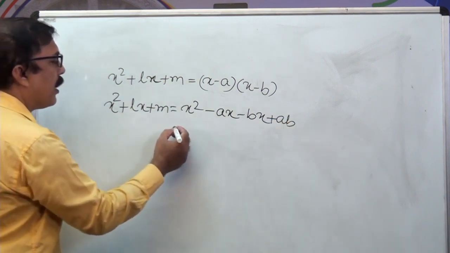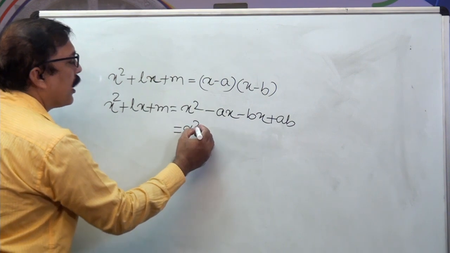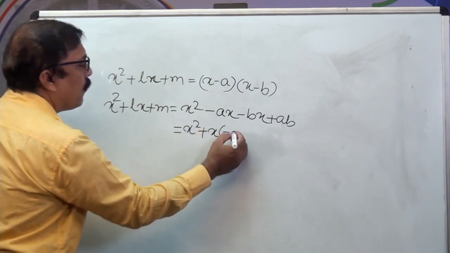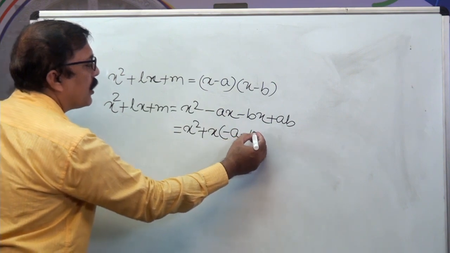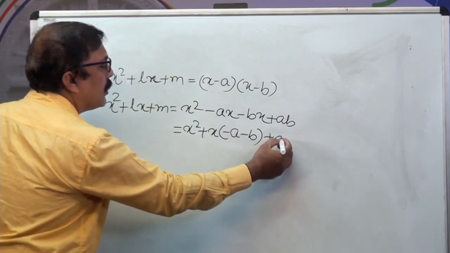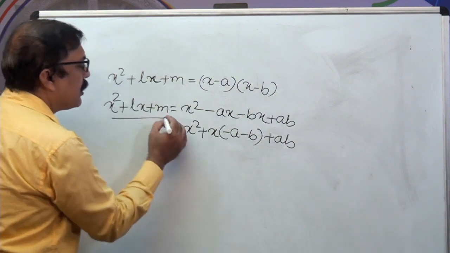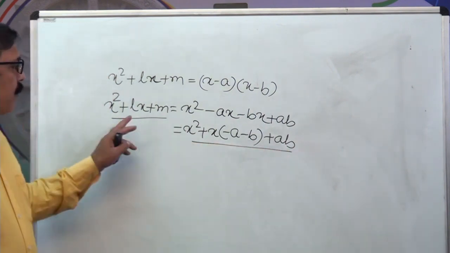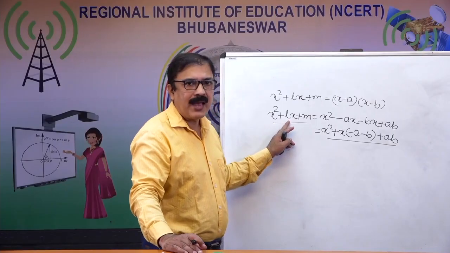So just compare. This is equal to x square plus x into (minus a minus b) plus ab. Now compare the coefficients of x.